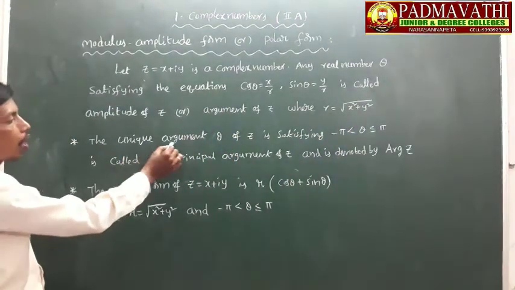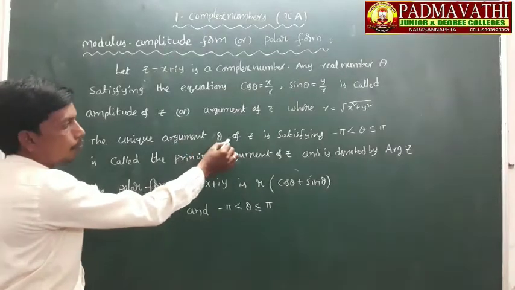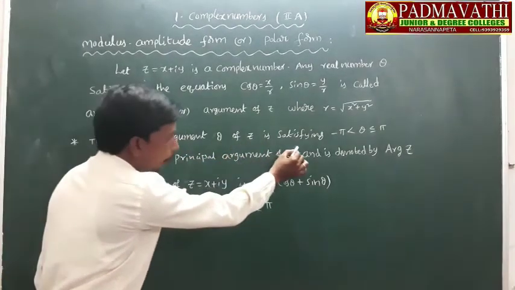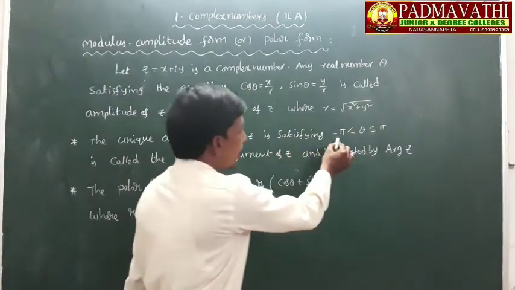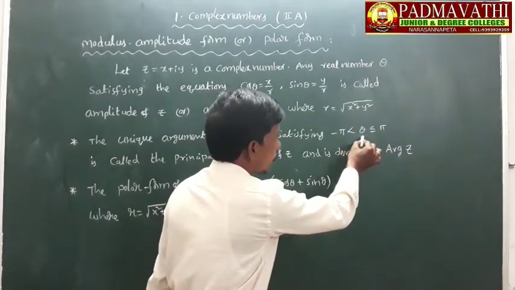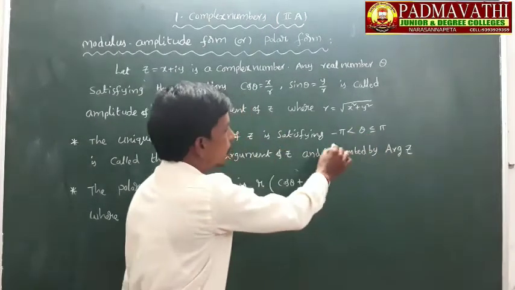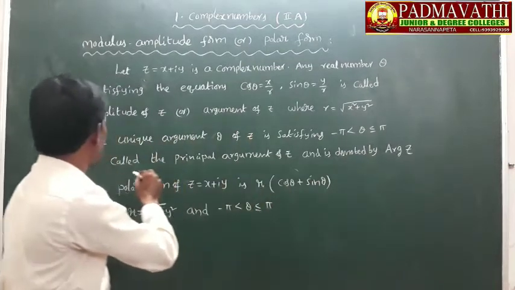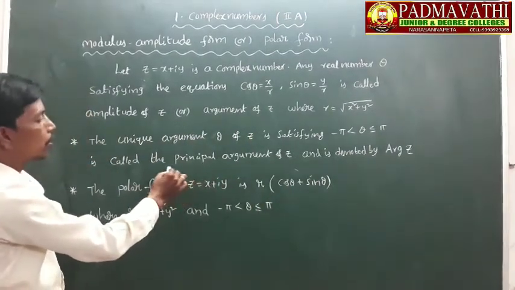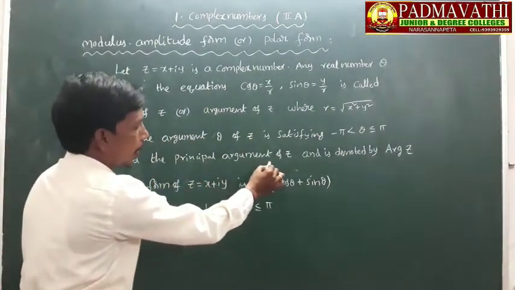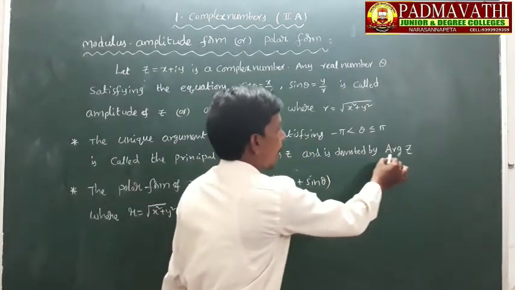The unique argument theta of z satisfying minus pi less than theta less than or equal to pi, theta lies in minus pi to pi, is called the principal argument of z and is denoted by arg z.